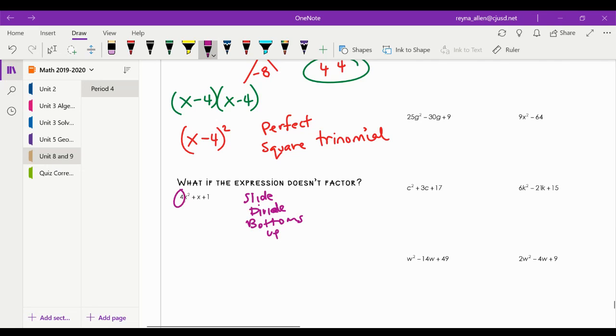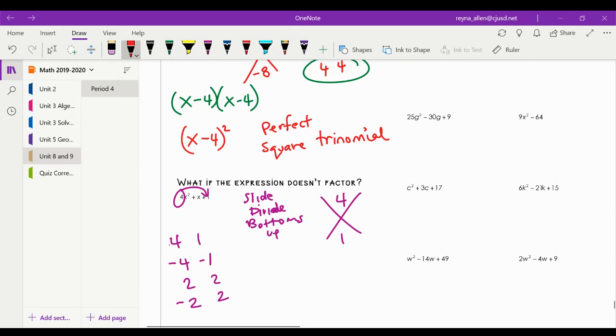Okay, so slide to the back, multiply, we get 4 times 1, which is 4. The bottom is 1. And then we say, okay, factors of 4 are 4 and 1. We can also do -4 and -1. We can also do 2 and 2, or we can do -2 and -2.